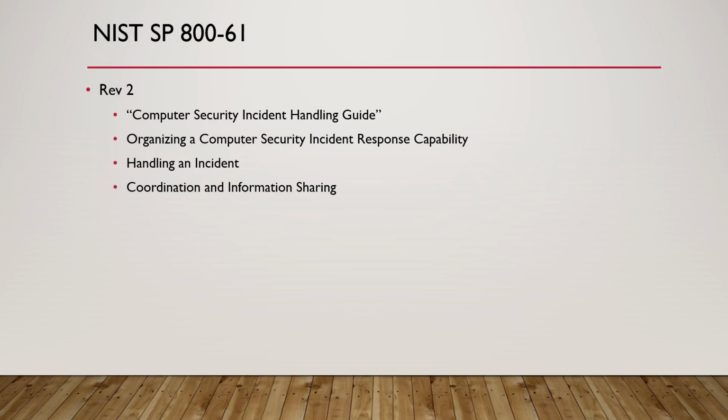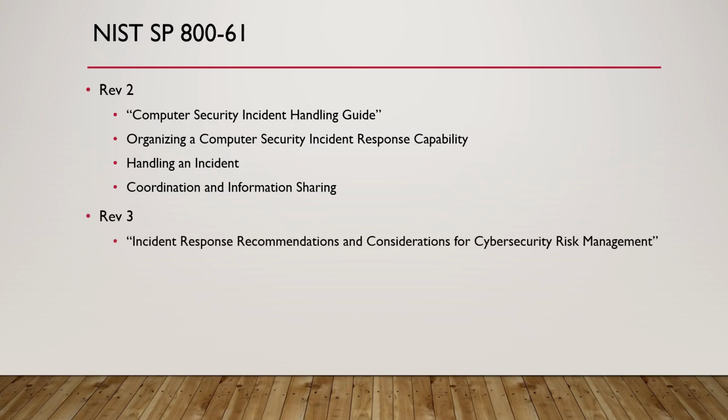The title of Revision 3 is Incident Response Recommendations and Considerations for Cybersecurity Risk Management. As the subtitle indicates, this document is tightly tied to CSF 2.0. As a refresher, NIST describes a community profile as a baseline of CSF outcomes created and published to address shared interests and goals for reducing cybersecurity risk among a number of organizations.